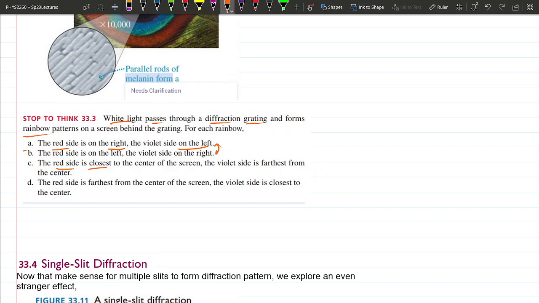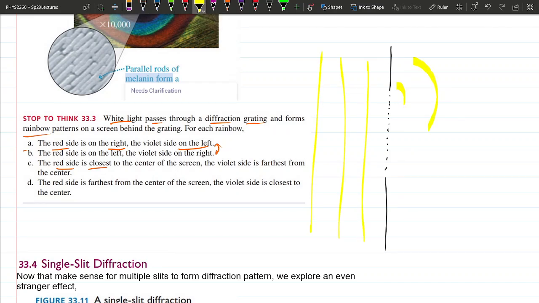While you guys think about that, I'm going to draw my little diffraction grating situation and see if we can figure out how that works. So we have white light coming in, creating all these little ripples everywhere.